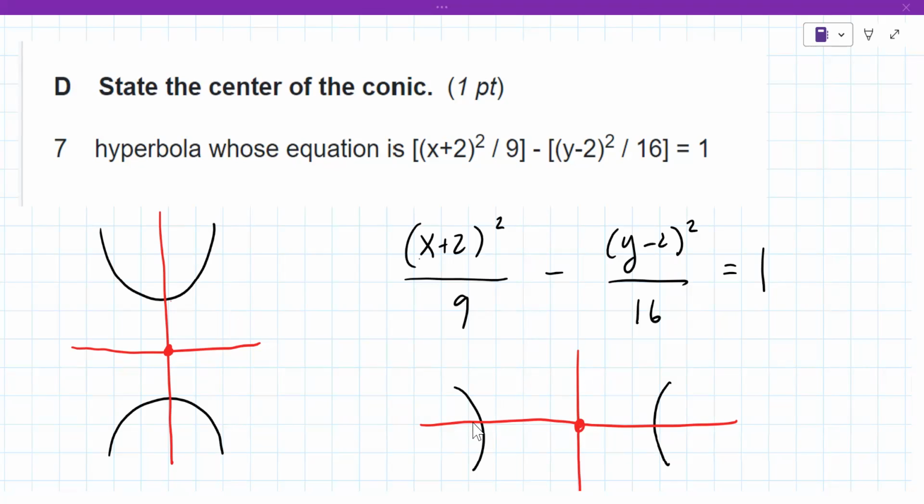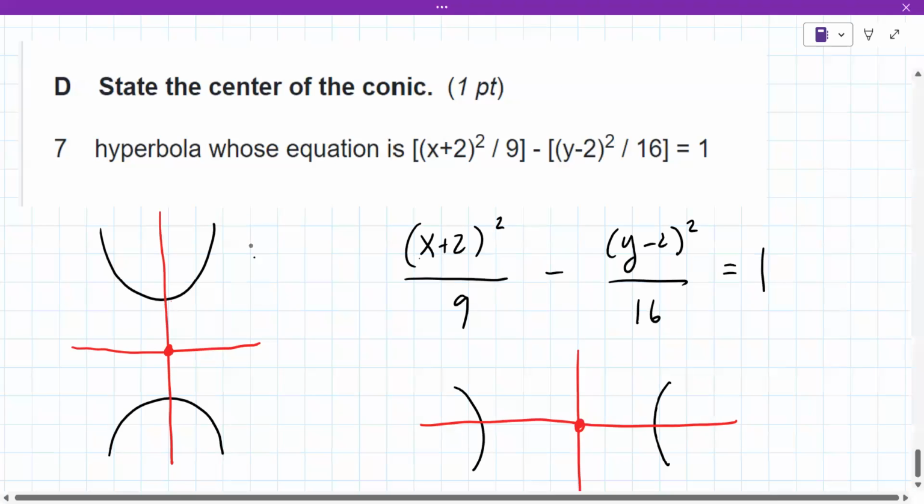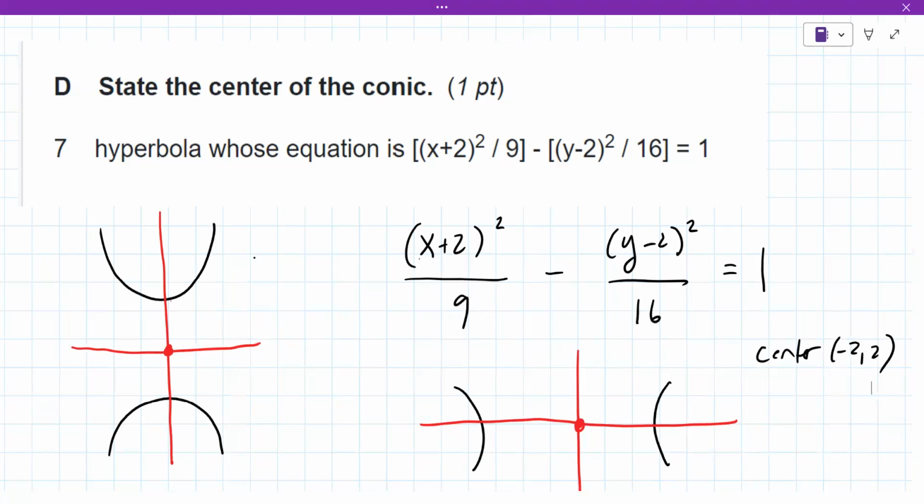This is not your graph. I'm asking you to look at what you see on your screen and estimate the middle. I think the middle is -2, 2. That is correct. Yes. All right. So you can say the center is at -2, 2. Make sure you include a sketch.